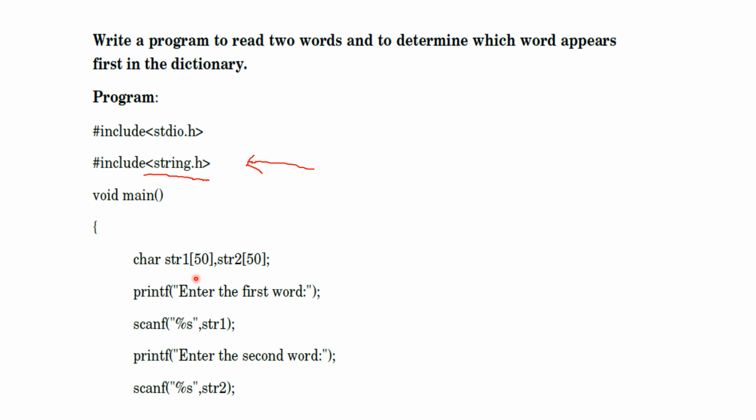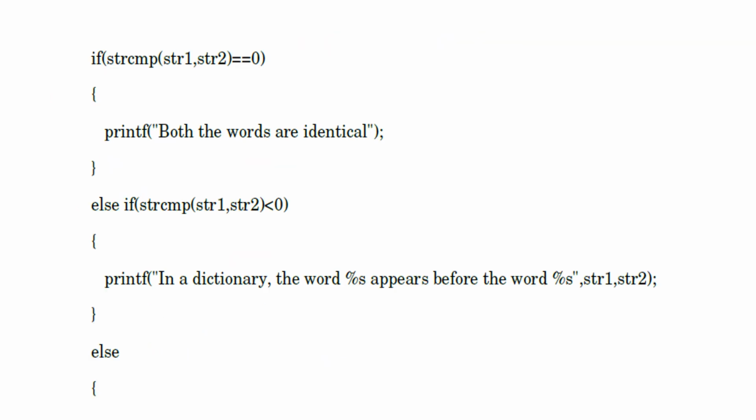And here two string variables are declared, and in the first variable str1 I am reading the first word, and in the second variable str2 I am reading the second word. And here I am checking if STRCMP(str1, str2) equals 0.